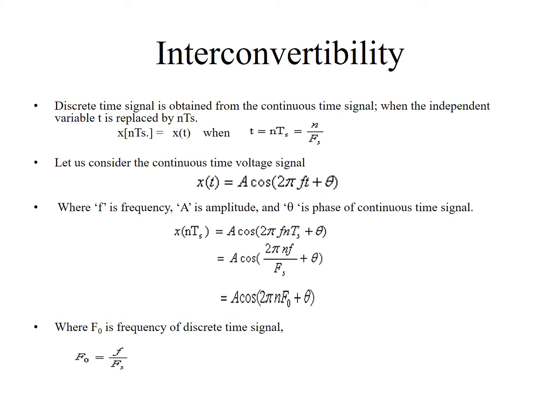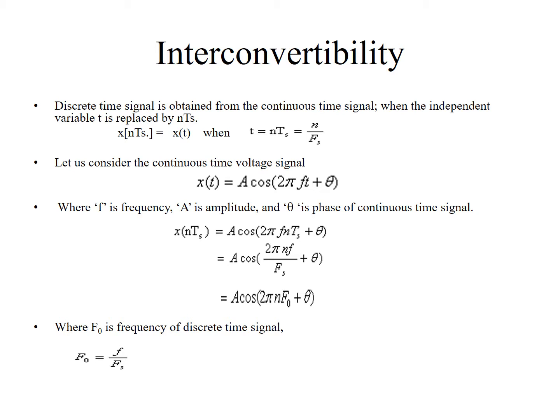Now replace this small t by the above relation, that is n into Ts, which is equal to A cos(2 pi f n Ts plus theta), which is equal to A cos(2 pi n f divided by capital Fs plus theta) by using the reciprocal relation of Ts, which is equal to A cos(2 pi n F0 plus theta), where capital F0 is the frequency in the discrete time signal.